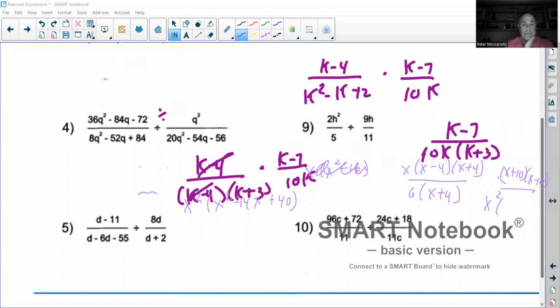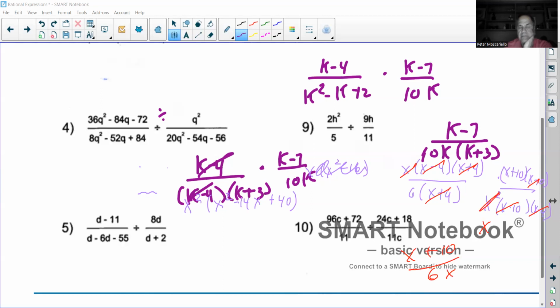X minus 10, x minus 4. Okay. Then we can cancel. X minus 10, x minus 10. X minus 4, x minus 4. X plus 4, x plus 4. Hey, this x with one of these x, that's x squared, cancels with one of them. Anything else? I think that's it. X plus 10 over 6x.